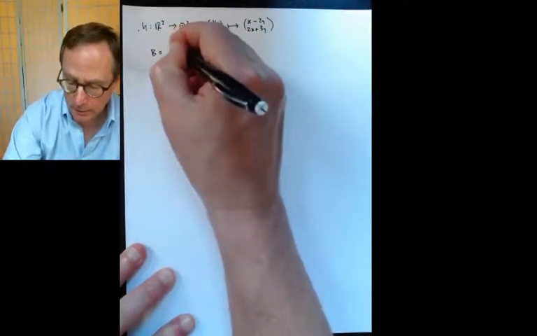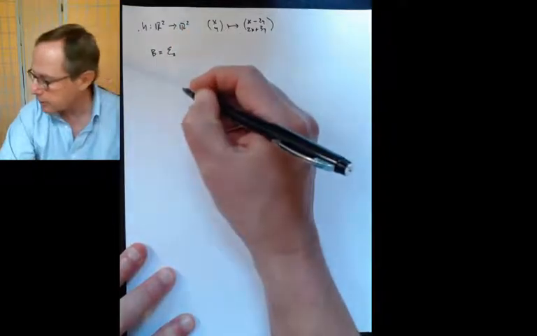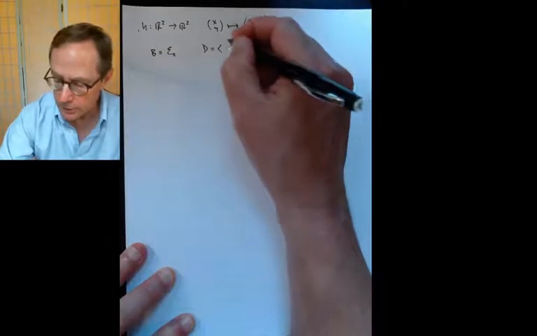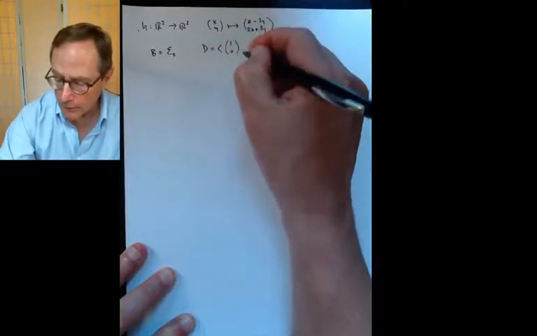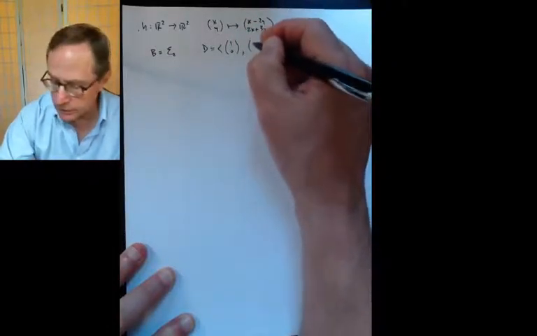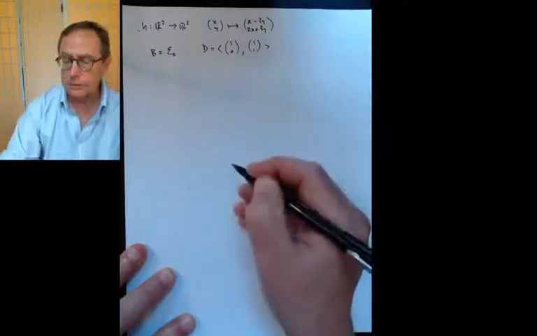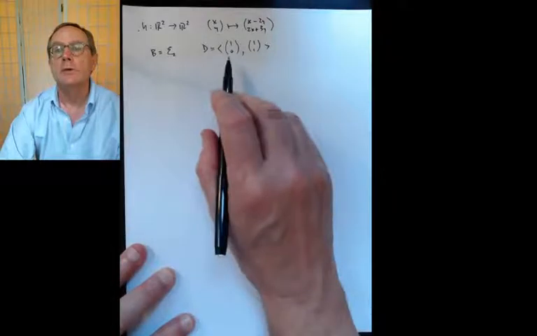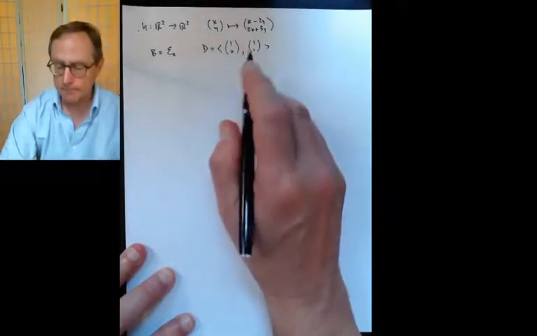B is the standard basis on R2, and D is, as always, I try to pick examples that are not too easy and not too hard. If they're too easy, then they sometimes fail to illustrate all the points you want to illustrate. If they're too hard, then you're just hitting yourself with a stick. Why are you doing that? So D is (1, 0), (1, 1).